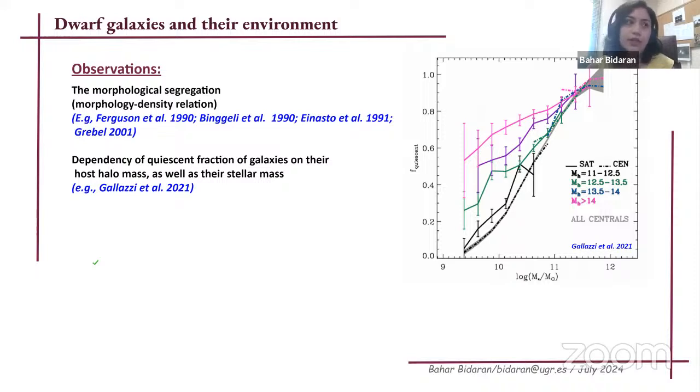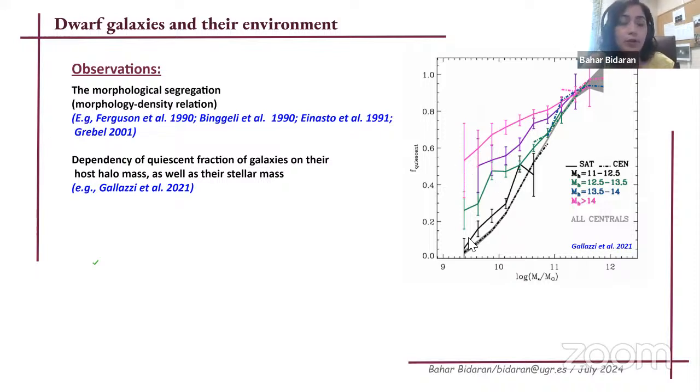Another piece of evidence suggesting the environmental role in quenching dwarf galaxies and affecting their properties is this work done by Galaxy et al. You are looking at SDSS galaxies, with different stellar masses on the x-axis and the quenched fraction on the y-axis. Here, galaxies are binned based on their host halo mass. Galaxies in the pink trend are in the densest host halos, like 10 to the 14 solar masses, similar to Virgo conditions.